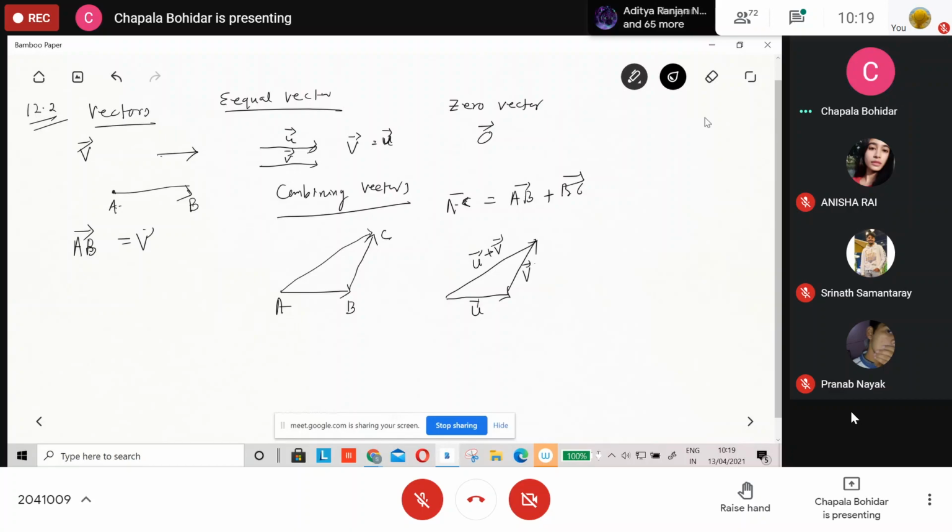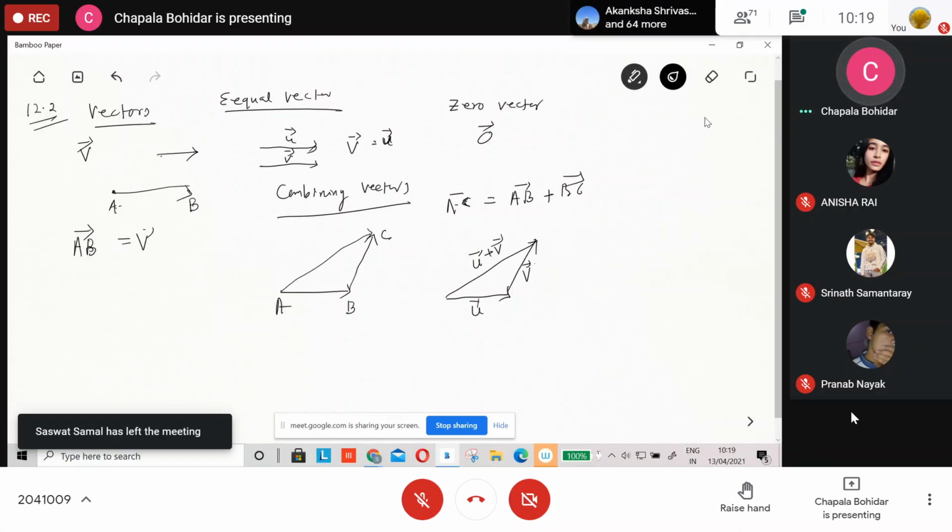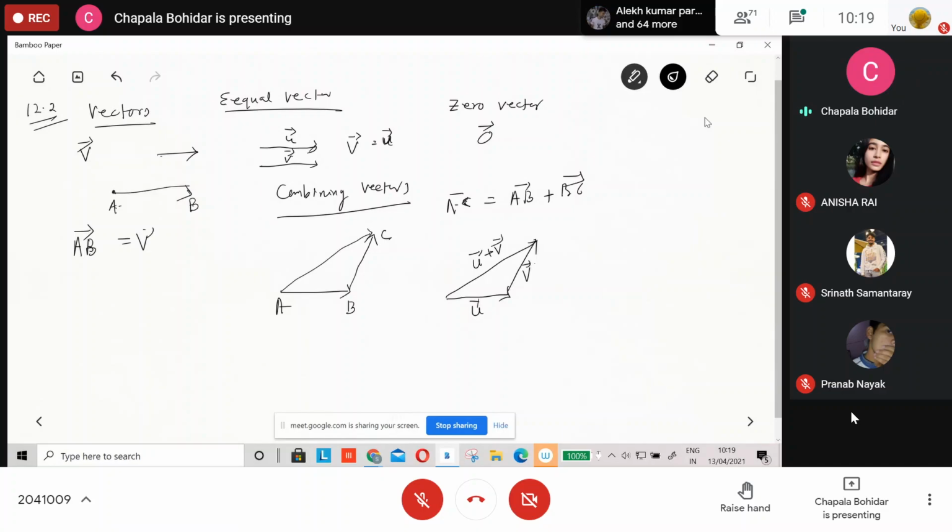The terminal point of U is the initial point of V. The resultant vector goes from the initial point of U to the terminal point of V. So this is called which law? Yes, the triangle law.